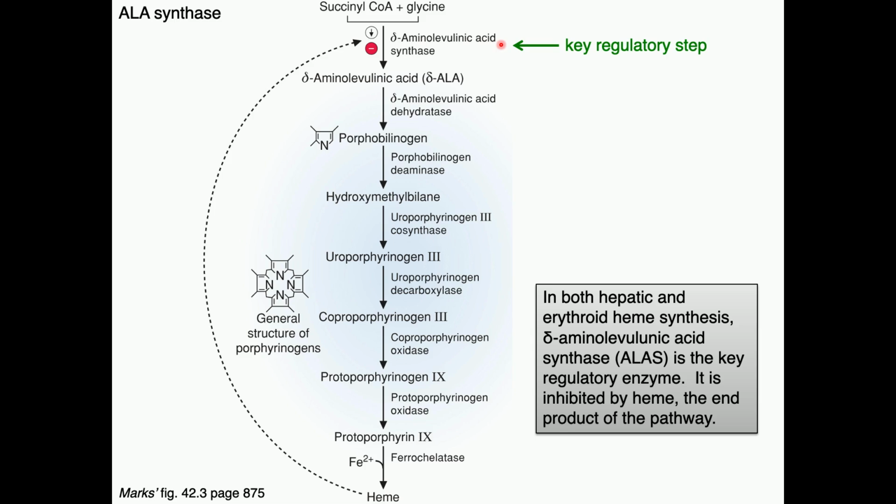Okay, because say if you lose the coproporphyrinogen oxidase enzyme, you won't get the heme produced, right? So you won't have negative regulation of the aminolevulinic acid synthase. That's going to be operating at full speed.